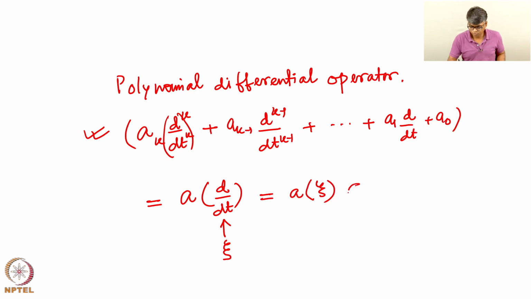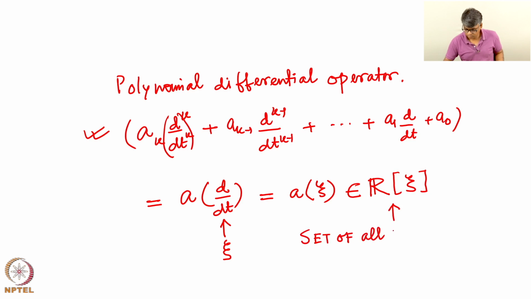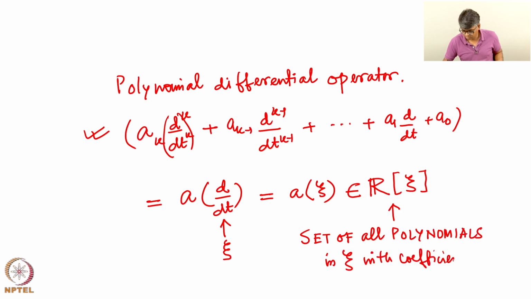The notation that we are going to use for the set of all polynomials with constant real coefficients is this, R of xi within square brackets. This is the set of all polynomials in xi with coefficients from the set of real numbers.